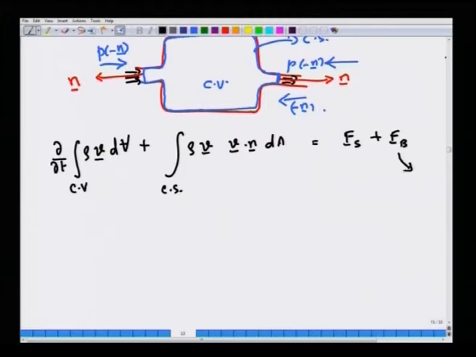So, we have understood what Fb is, and we have said that Fs is usually due to pressure. Viscous stresses, although they are important in many cases, at the level of integral balances at times it is not easy to obtain detailed information about the viscous shear stresses in a flow problem, and therefore one often neglects them because of lack of information.